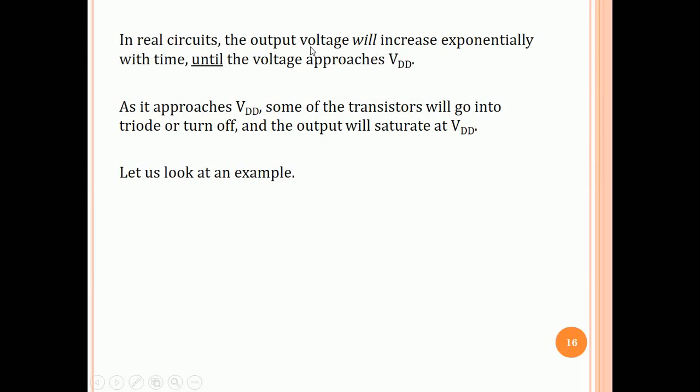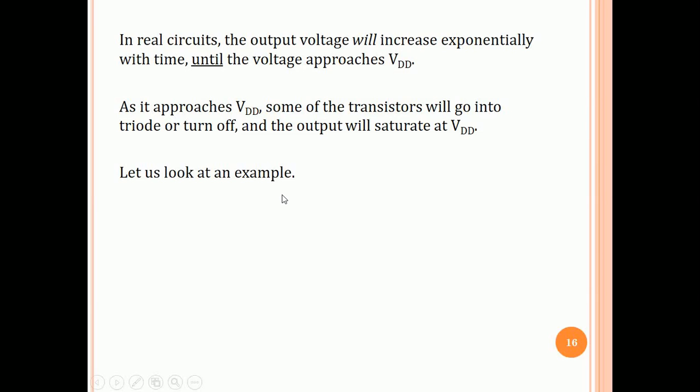Some transistors will go into triode, others will turn off, and the output will saturate at VDD. So in a real circuit with positive feedback, if we apply a voltage step at the input and watch the output, we'll see that initially it increases exponentially, but then it saturates to VDD and stays constant at VDD.